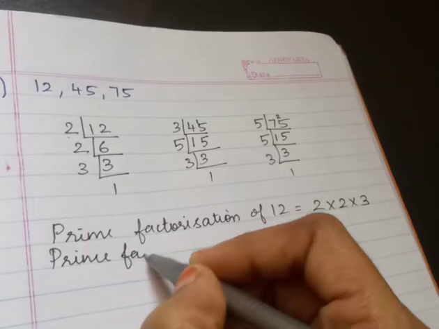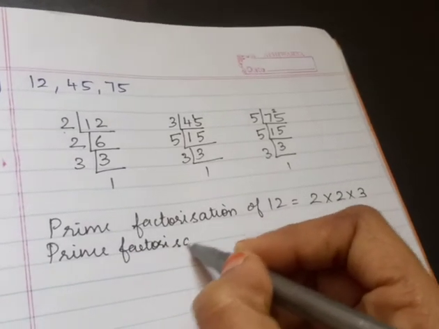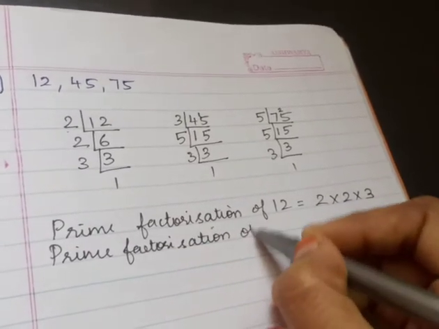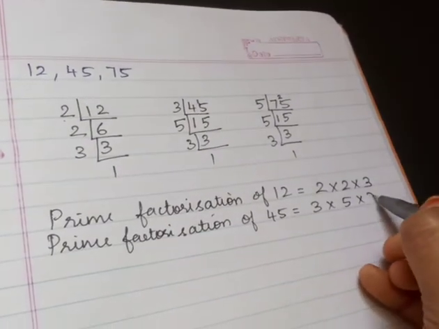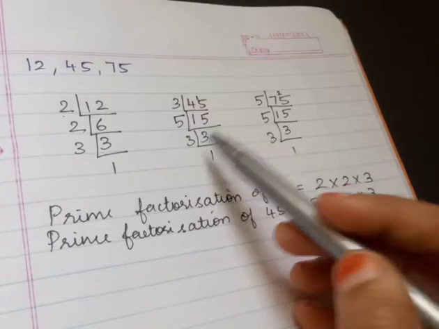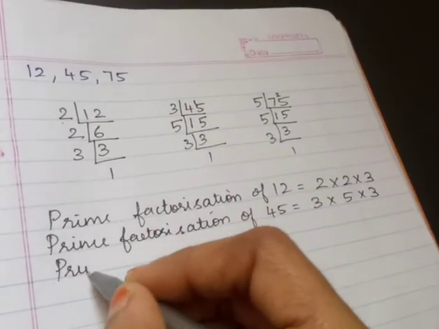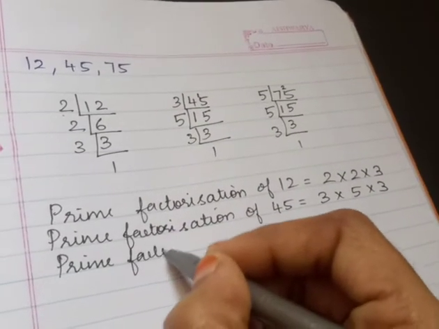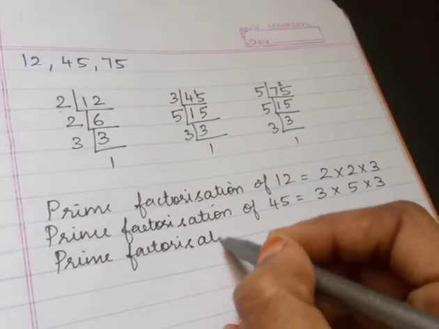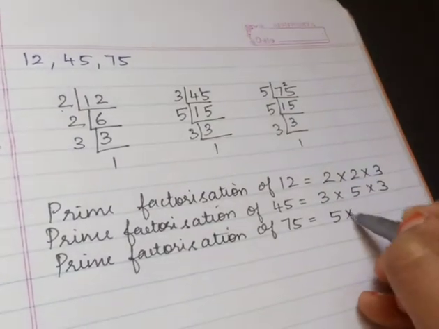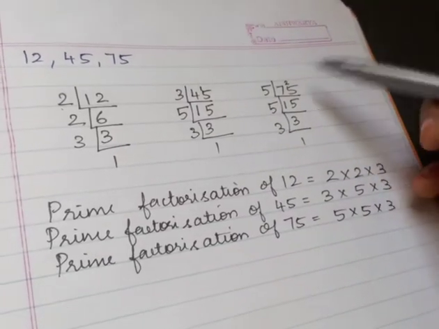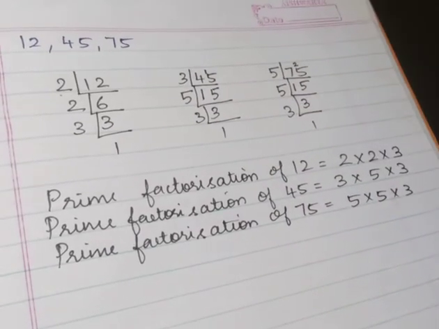Next, prime factorization of 45 is equal to 3 into 5 into 3. Next, prime factorization of 75 is equal to 5 into 5 into 3.